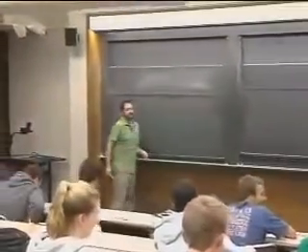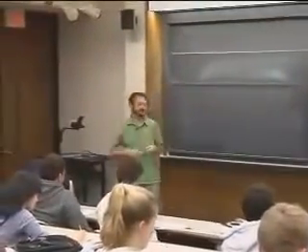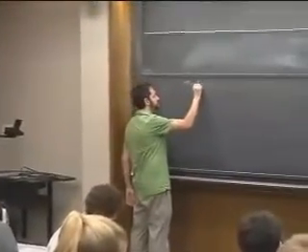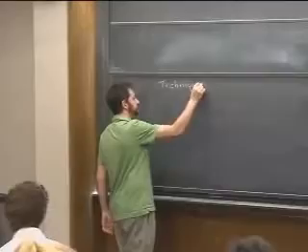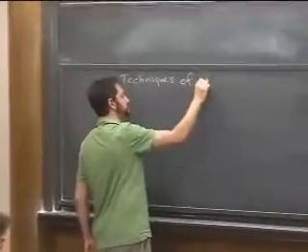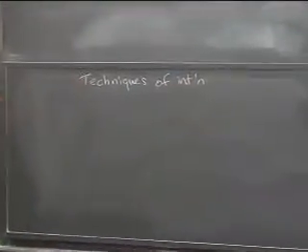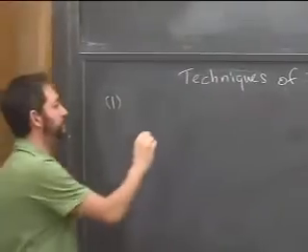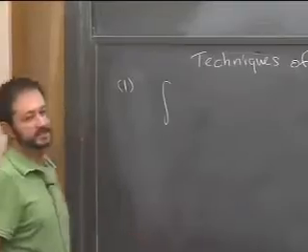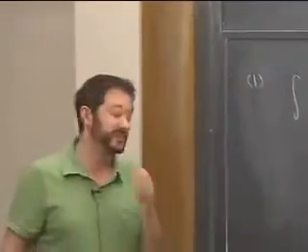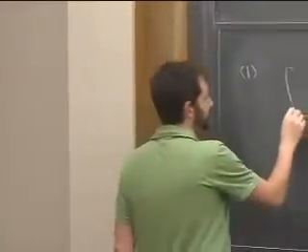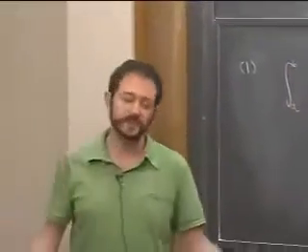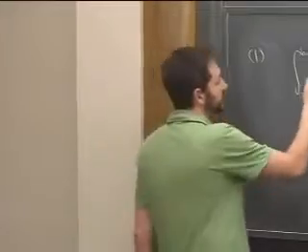All right. Here is a rough list of techniques of integration. If you have an integral, normally these will be definite integrals, from a to b, but I'll probably just omit the limits because to find definite integrals, you need to find the indefinite integral in any case.